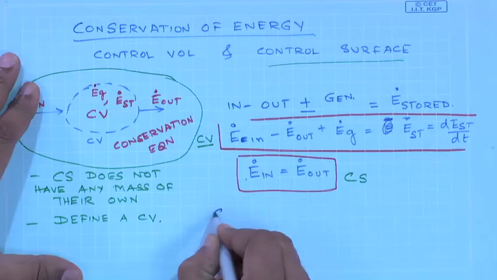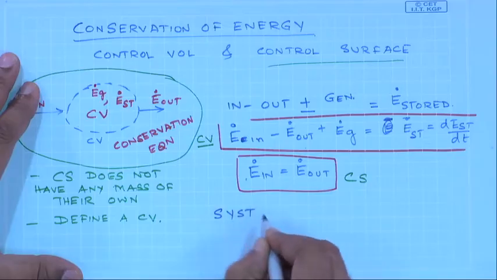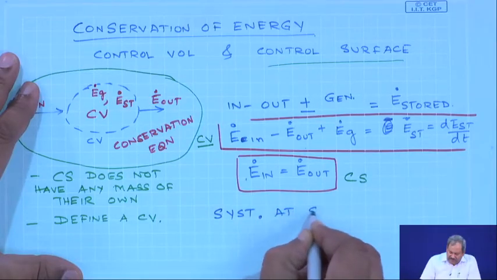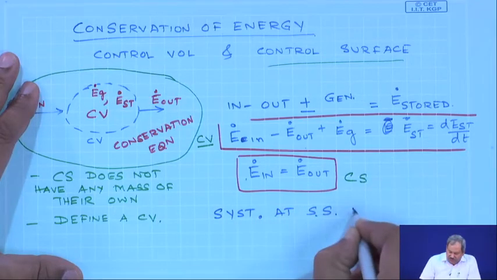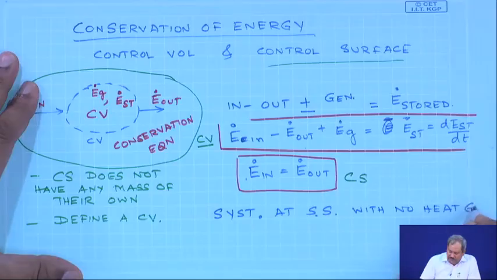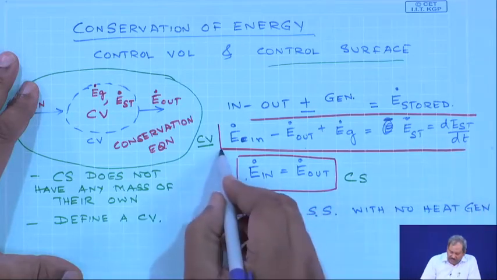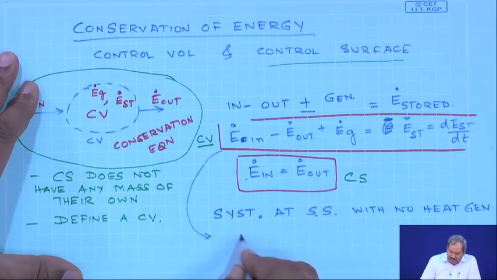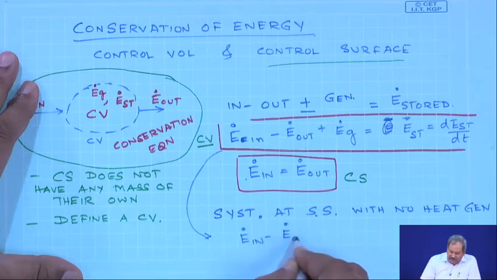So, for a system at steady state with no heat generation, this equation would simply be E dot in is equal to E dot out.